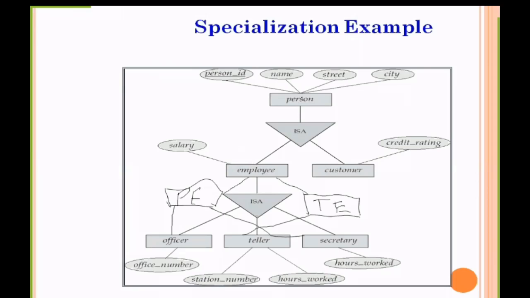As far as the relationship between person and employee and person and customer, the superclass is the person class, and the employee and customer entity sets are subclasses. Similarly, employee is a superclass, and officer, teller and secretary are the subclasses.